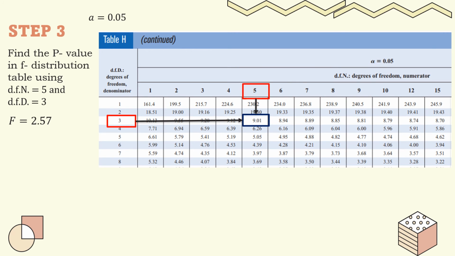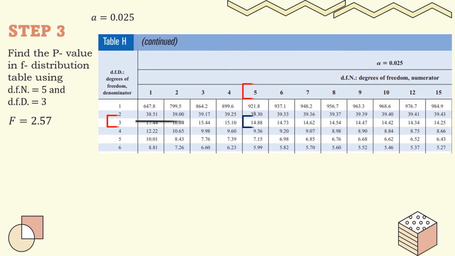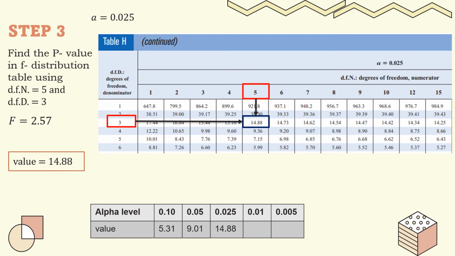Next, at table alpha 0.05, the intersection of our degrees of freedom is 9.01. And for the table of alpha 0.025 is 14.88.